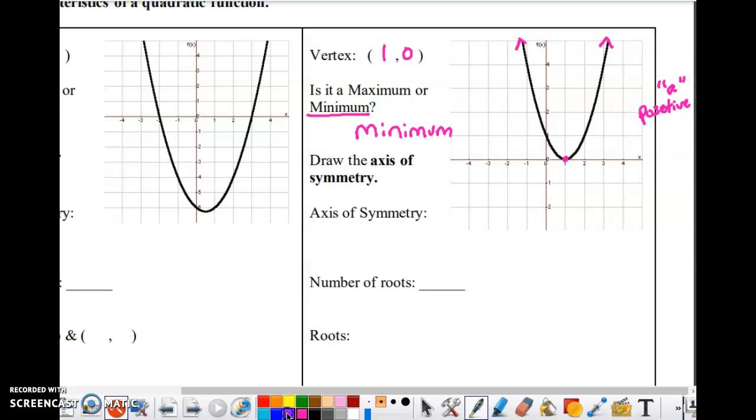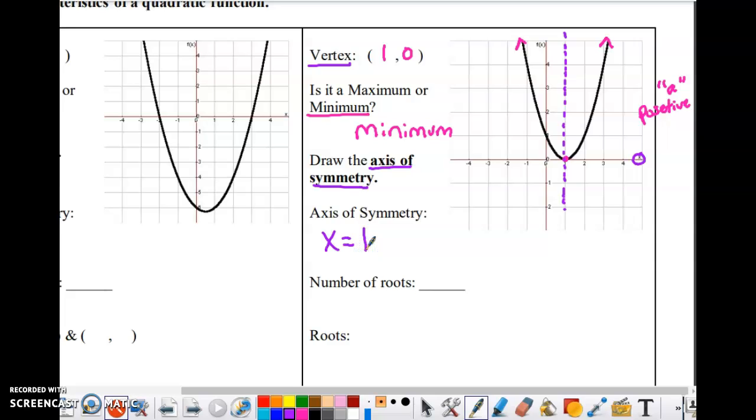Now, let's draw our axis of symmetry. Remember, axis of symmetry goes through the vertex. So it cuts it right down the middle, and it's an imaginary line. So that means it goes through the x at 1. Remember, it always has to be x equals, and it goes through 1, so it's x equals 1.